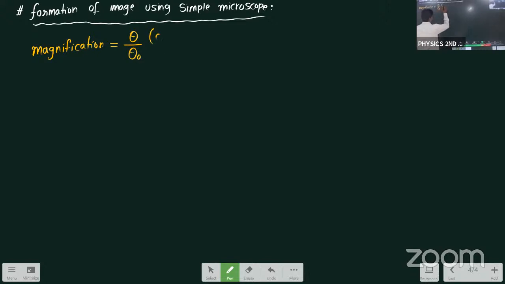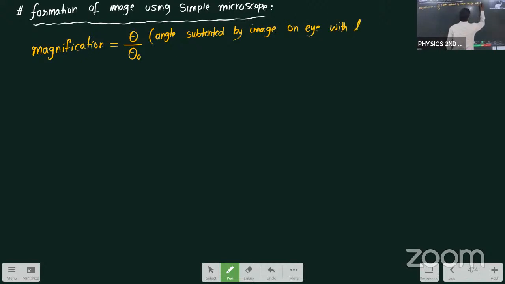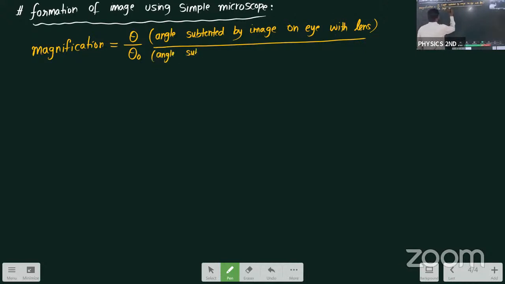Theta is the angle subtended by the image on the eye with lens, divided by theta naught, which represents the angle subtended by the object, or you can also write image, on the eye without lens. I will try to explain this. Its explanation is nothing but the answer for our question.